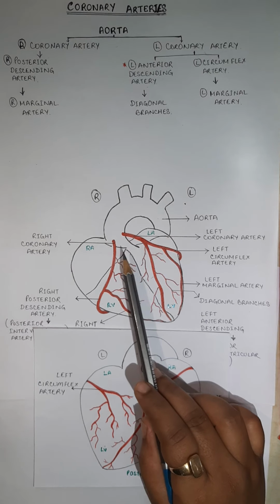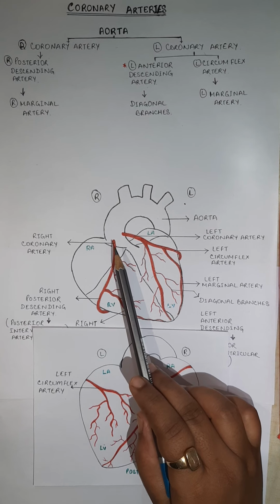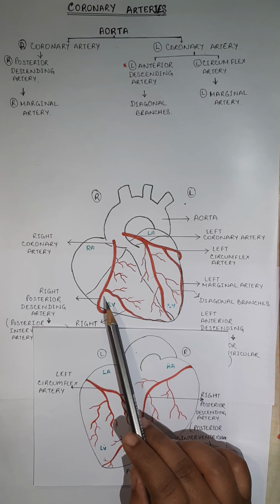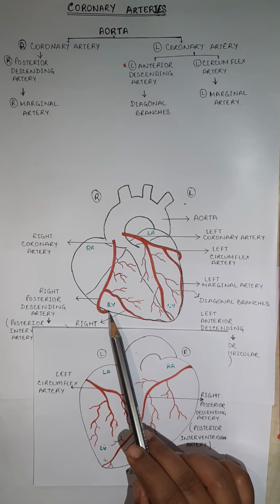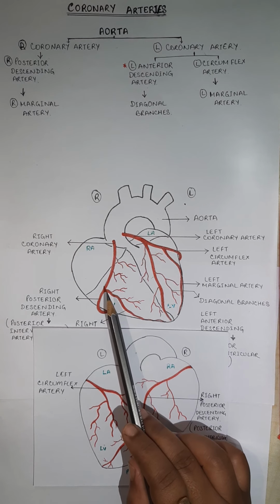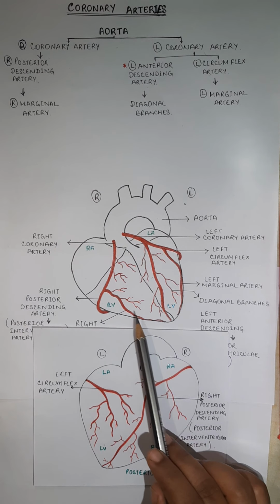Okay, similarly this is the right coronary artery. The right coronary comes and divides here into the right posterior descending artery, which goes backward, posterior to the heart, and supplies the back of the heart. And here it also gives a marginal artery, which supplies the right margin of the heart.